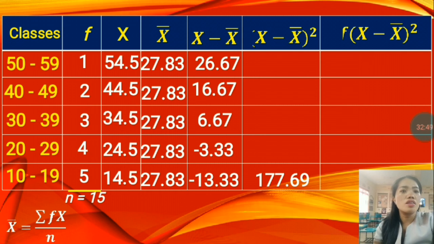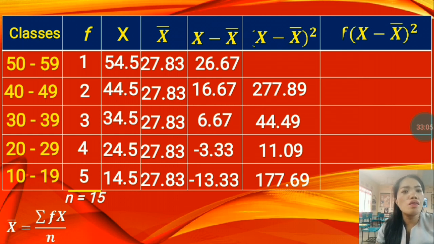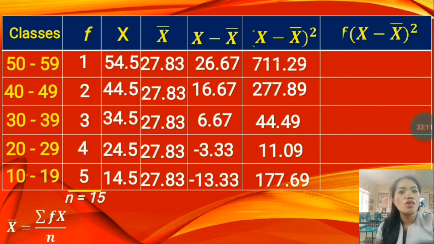The same procedure, negative 3.33 squared, you have 11.09. 6.67 squared, you have 44.49. Then you square 16.67, you have 277.89. Then you have 26.67, you square that, you have 711.29. Afterwards, we are going to multiply it with our frequency.